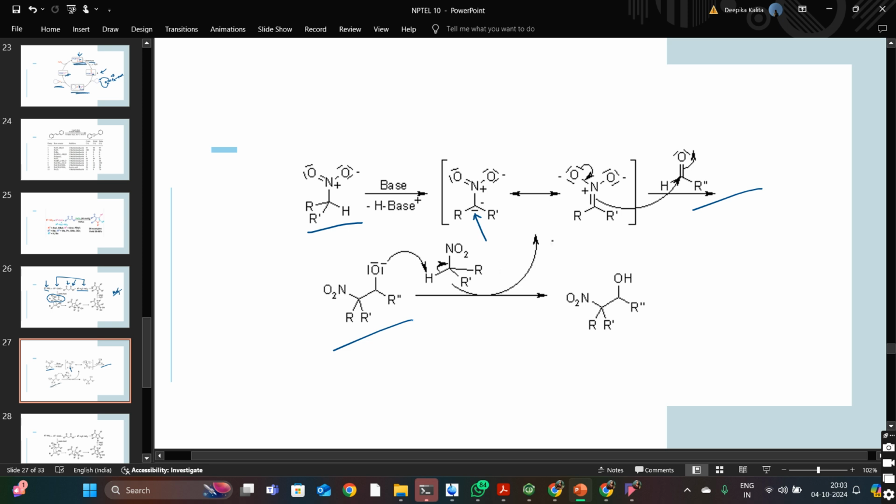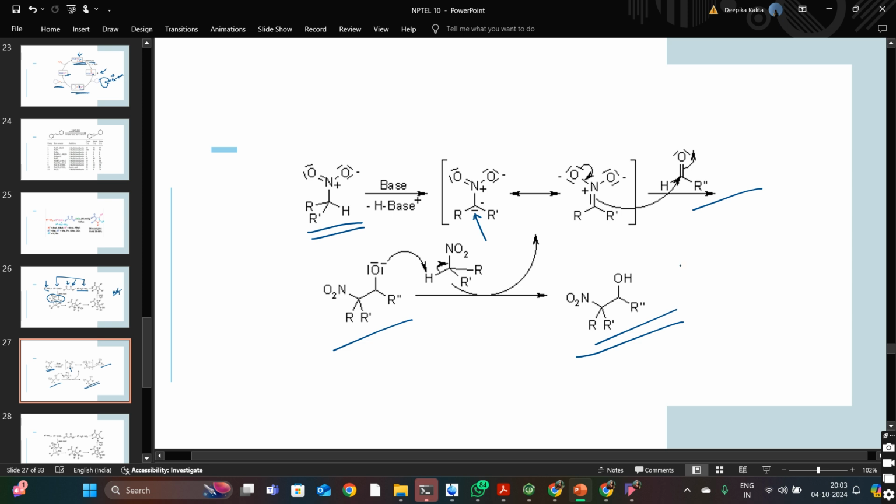And this oxyanion takes up a proton from the nitroalkane which is present in the reaction, and it gives us this alcohol as the product.